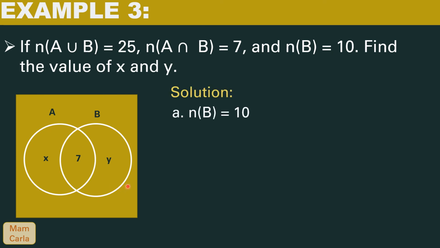So for the solution, we will be using the idea that the cardinality of event B is equal to 10. So the total cardinality of this is 10.